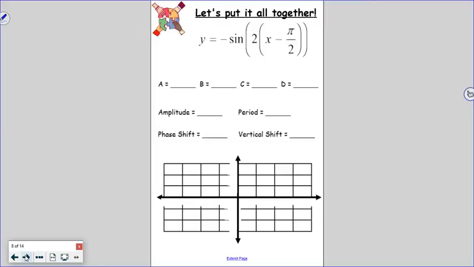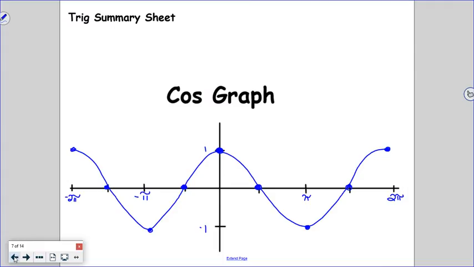Correct. You are correct. You're doing A, B, C, and D here. All right, Tanner, how about A? Positive always.